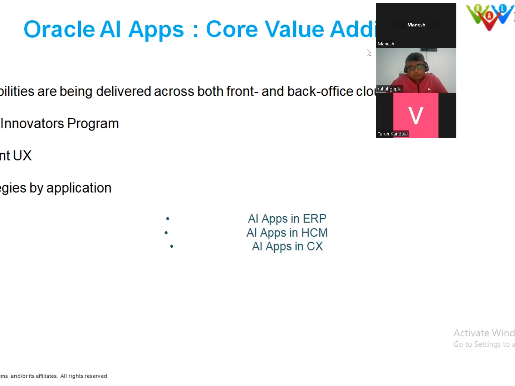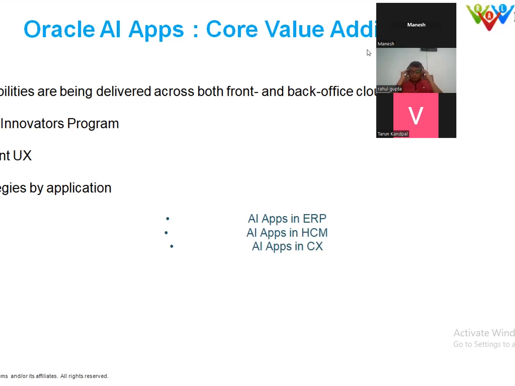Then we have AI strategies by applications. Oracle has devised Oracle AI apps at the application level. Like in ERP, we have these AI apps in finance, which is a part of ERP. We are using it in the discounting method, which we will take up later in the presentation.